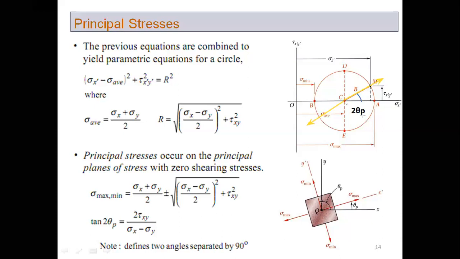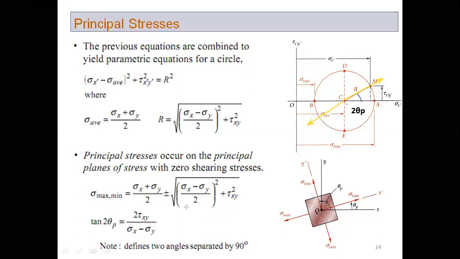So 2 theta p is the angle which x prime is making with one of the principal planes. Principal stresses occur on principal planes of stresses with zero shearing stresses, which we have already discussed.